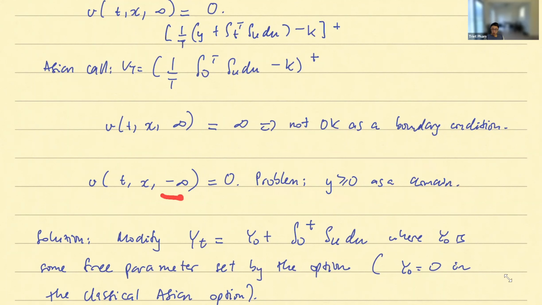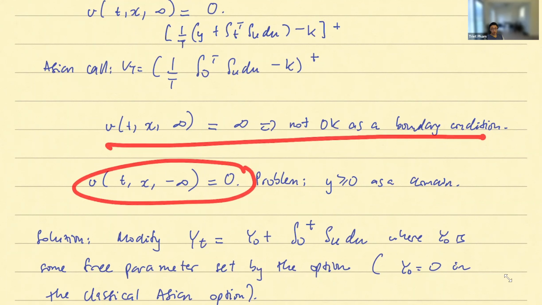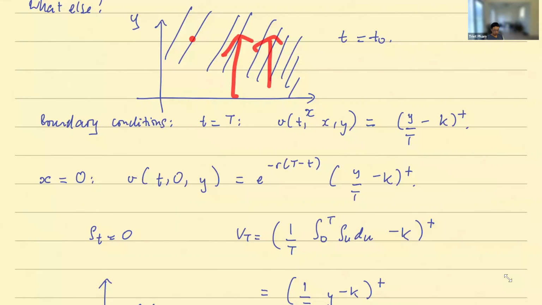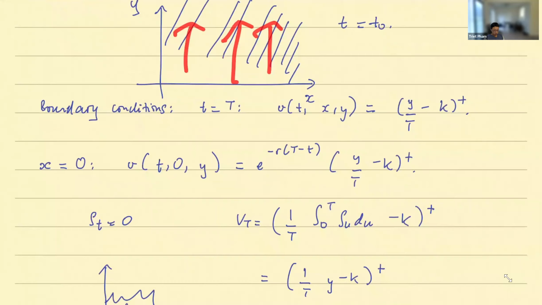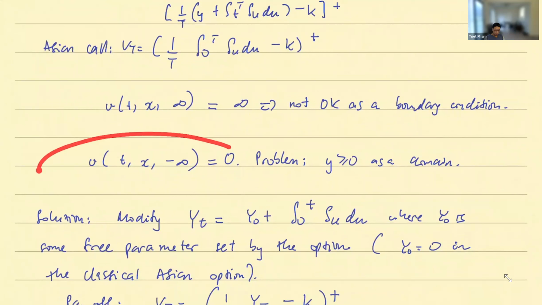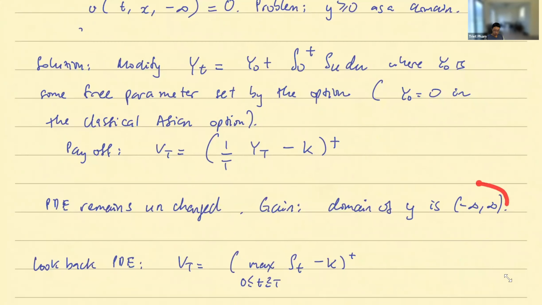However, we still want to use it because otherwise we don't have a boundary condition to work with if we stay with the positive domain. Nothing would work from 0 up. We don't know anything. So what's the solution to that? The solution is to try to rewrite our problem in a way that allows for this to be a legal condition. In other words, somehow extend the domain to this.